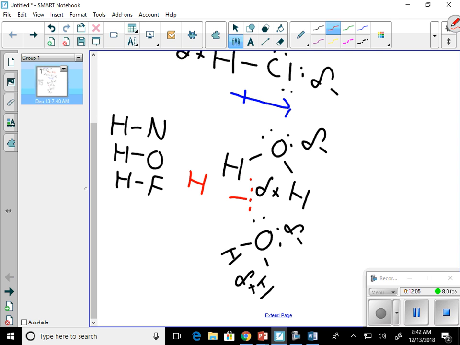So that's the hydrogen bond. Now those first two examples are ones that we've gone over in Chem 1. The one that we really didn't go over in Chem 1 is dipole-induced dipole.